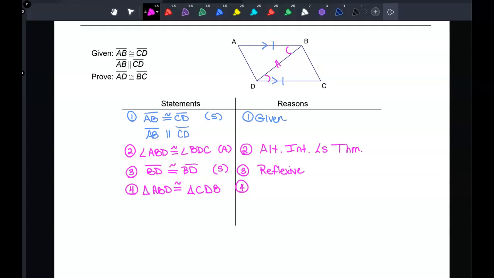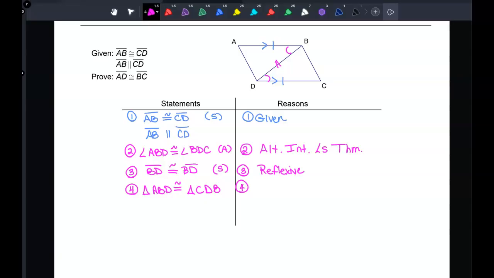So AB has to be congruent to CD. The first two letters here have to match. So if I went CB here, does CB correspond to AB? No. So the order of the segments also has to match. Does that make sense? Now what is the reason here?